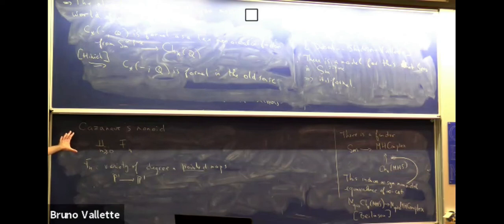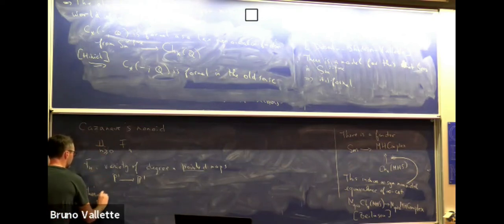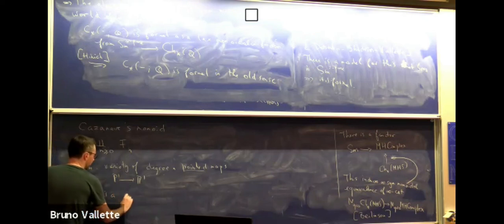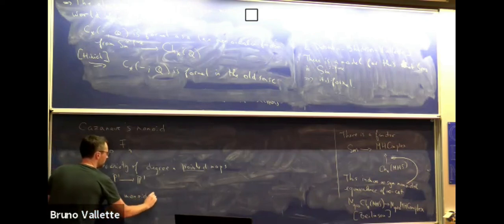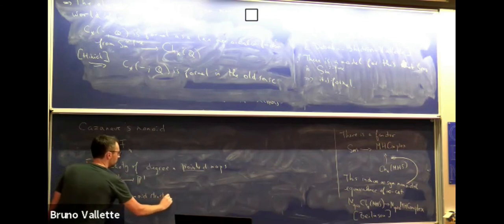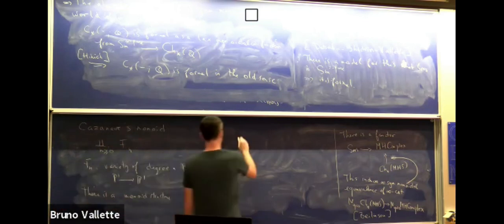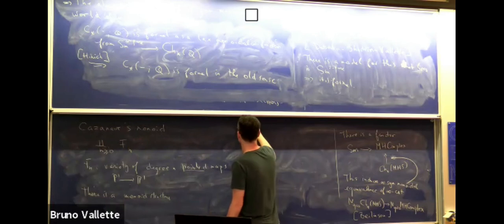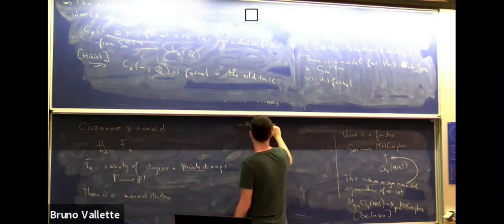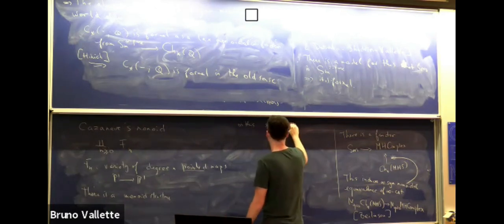So it's a complement of some subvariety in some big C to the n. And one cool thing that Cazenave did is that he shows that at the algebro-geometric level there is a monoid structure in this collection of objects that sort of mimics the composition of maps from S2 to S2. So there is a monoid structure on this space, which is algebraic.